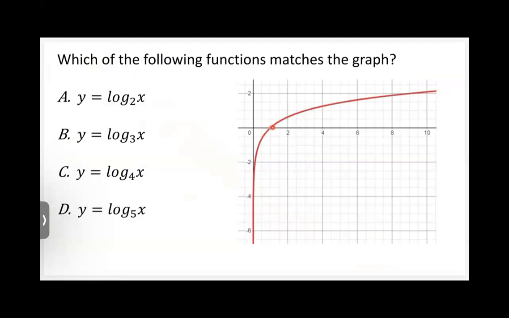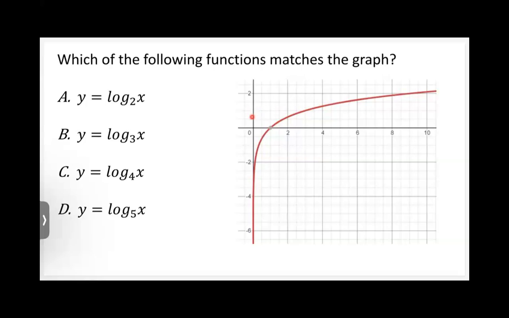Right here, at 1, it's always going to be 0. But now the big thing to do is to see where it's crossing the next little point. So we're looking at where it's going to cross 1, if that makes sense.